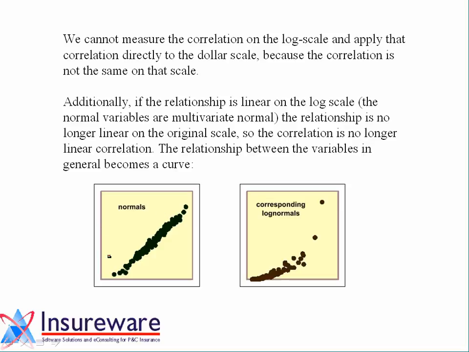So here's an example. You've got two normals. That's their correlation. They look very linear, but that's what the two log normals look like. So be careful when you use a DFA product and it asks you for correlations. What correlations is it actually asking you for, and what calculations is it really doing? But again, I want to remind you that in Equifax, you are measuring correlations from the data.